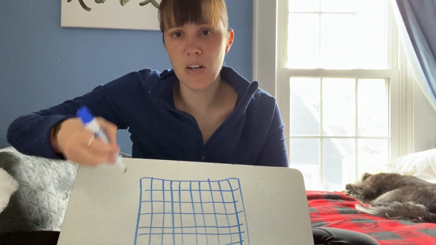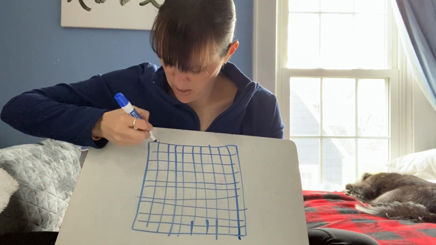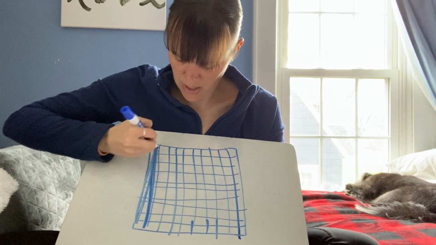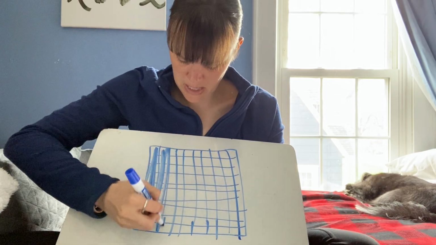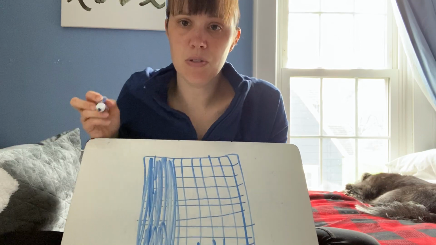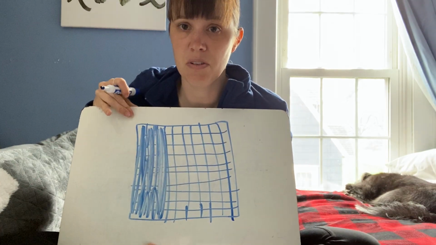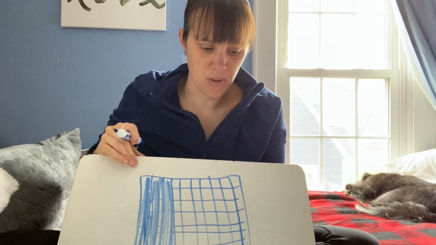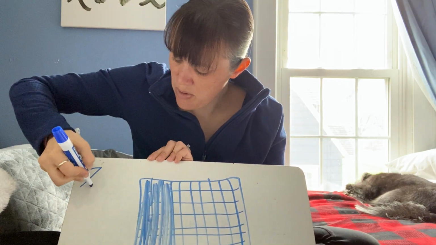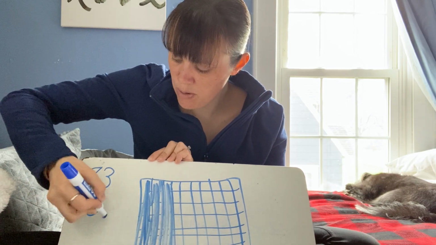Now picture I already have 7 of these filled in, okay? And I'm doing 3 tenths, 7.3. Here's my 3 tenths. How else can you say 3 tenths? You can say 30 hundredths. So the other answer, so 7.3 is the same as 7.30.